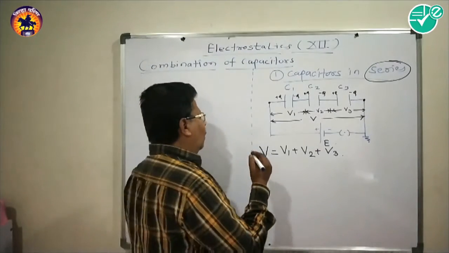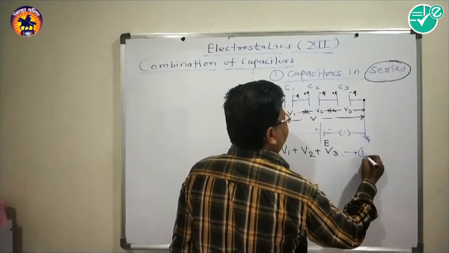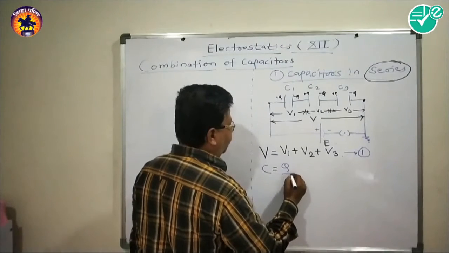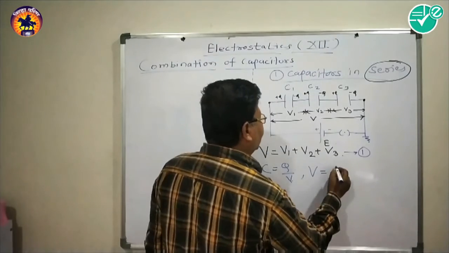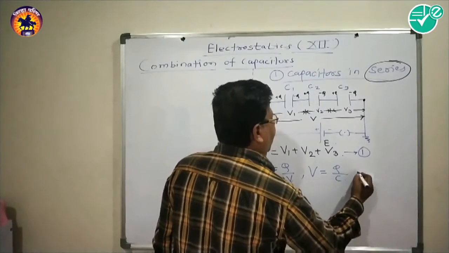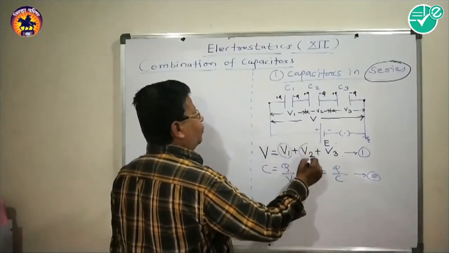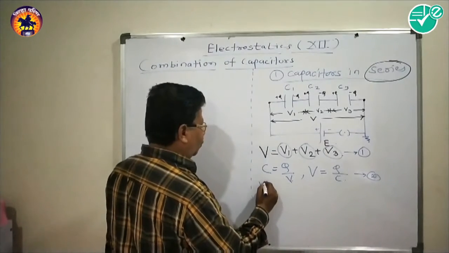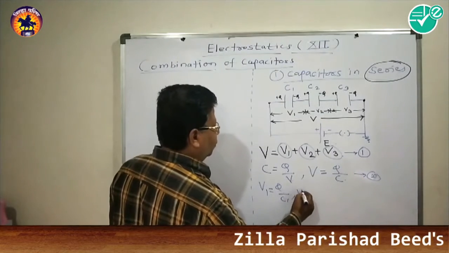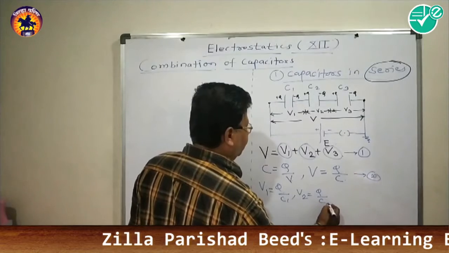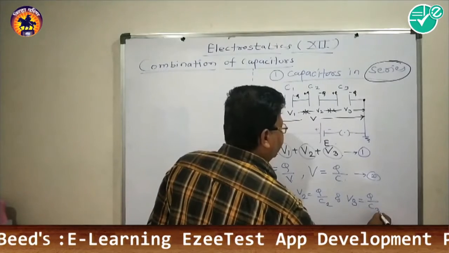Again, by the definition of capacitance, C is equal to Q by V. We write V is equal to Q by C. And by using this formula, we write V1 is equal to Q by C1, V2 is equal to Q by C2, and V3 is equal to Q by C3.